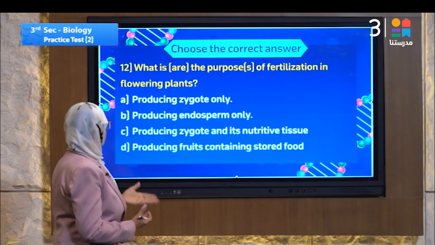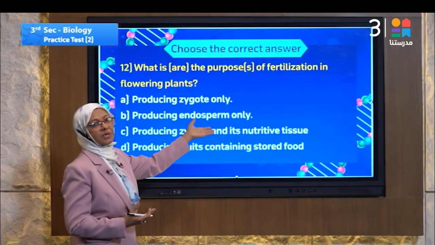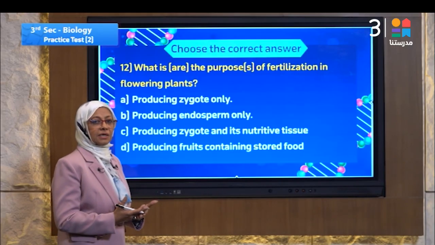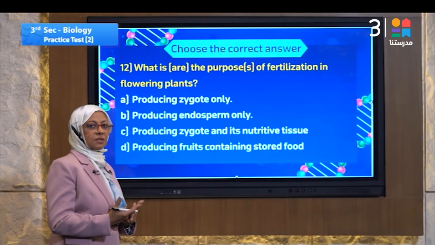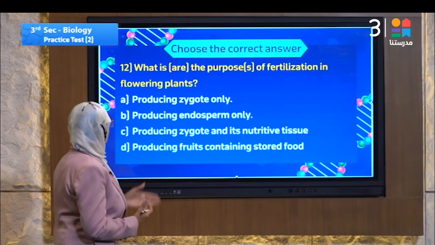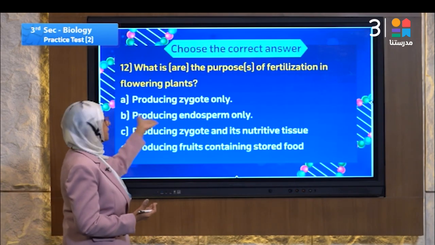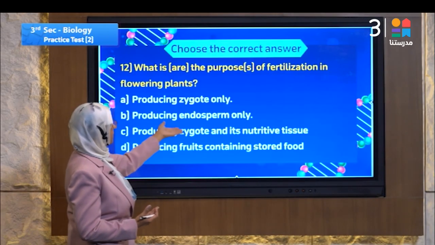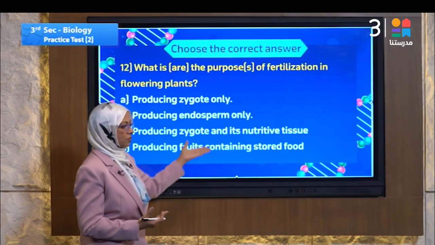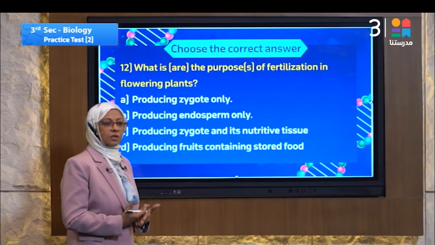So it's producing zygote only. Oh, we speak about the word 'only'. 'Only' is suspicious. Producing zygote only? It's producing zygote, not only. Producing endosperm only? Endosperm is a tissue which contains food for the embryo.